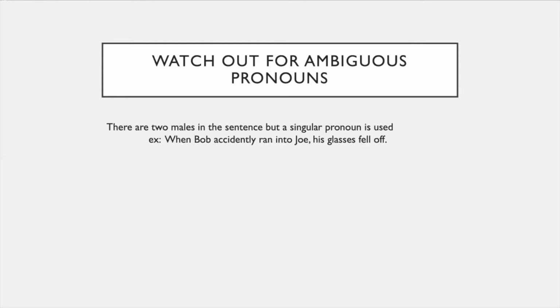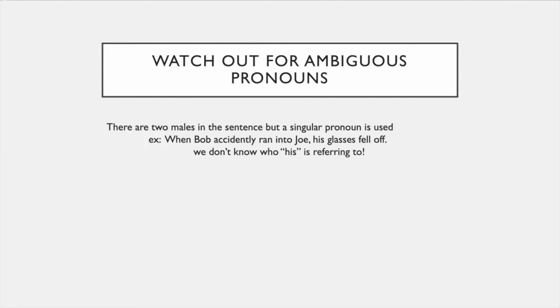So the sentence could be, "When Bob accidentally ran into Joe, his glasses fell off." The pronoun in the sentence is his, but this pronoun is ambiguous because we have two males in the sentence, Bob and Joe, and we don't know whether it's Bob's glasses that fell off or Joe's glasses that fell off.